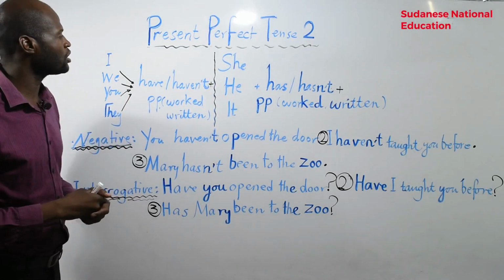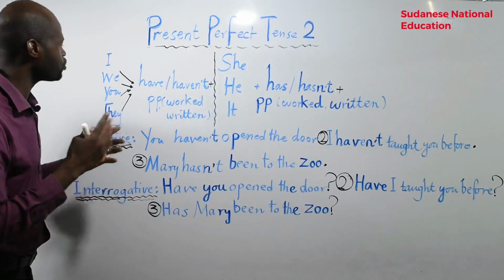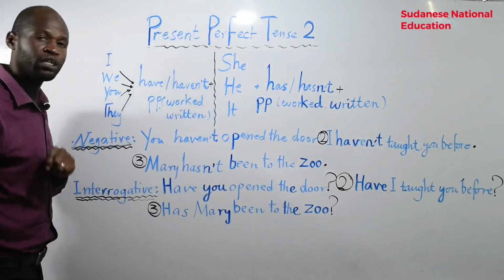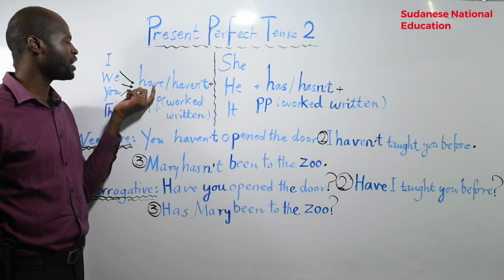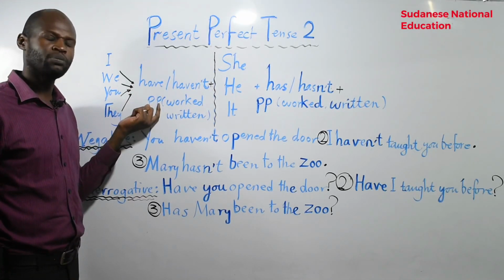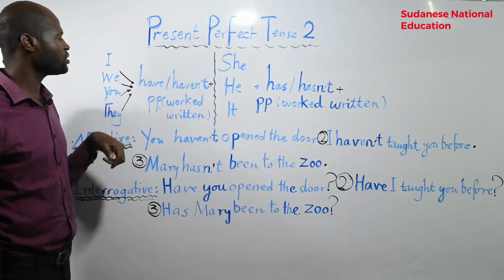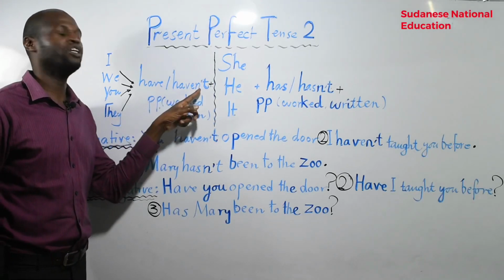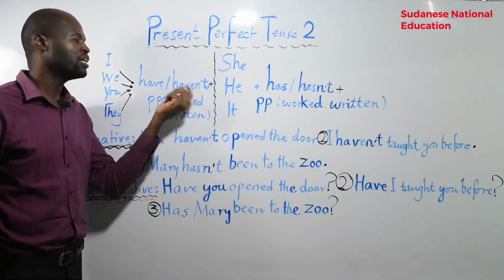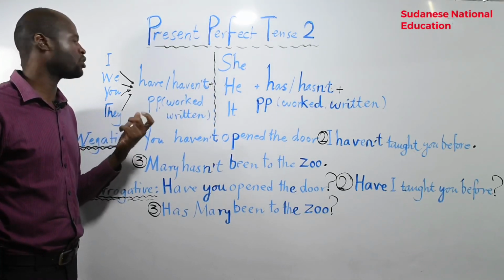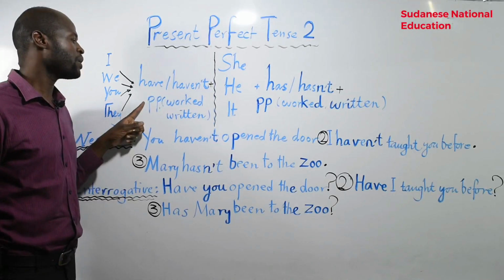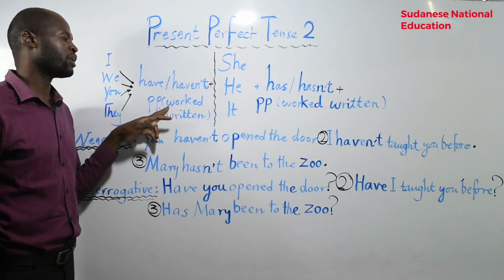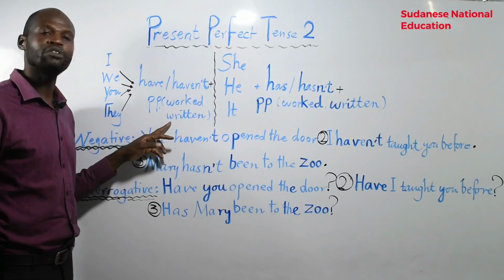Let's see. Here we have, as we said before, the subjects I, we, you, and they. In affirmative sentences, we use have plus what? Past participle. But in negative sentences, we use I, we, you, and they with have not, or we say haven't. This is a short form of have not plus past participle, or what we call non-finite verb, like worked, like written.